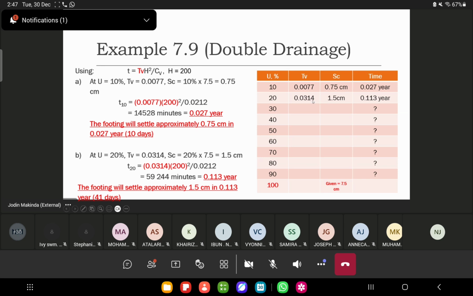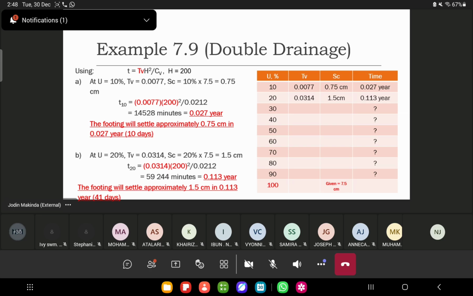How about the time at 10? When we look into time, you go back to the equation. The time factor we know, 0.0077. H we know, 200 cm. Cv we know, given as 0.0212.